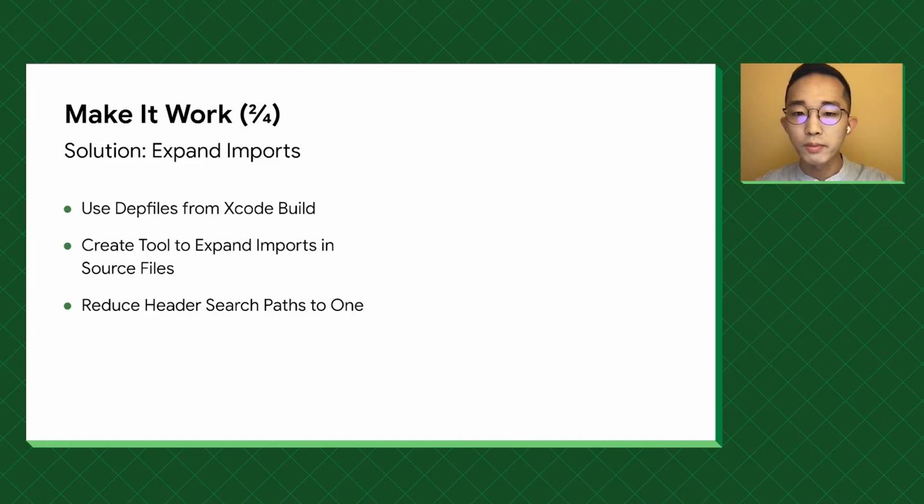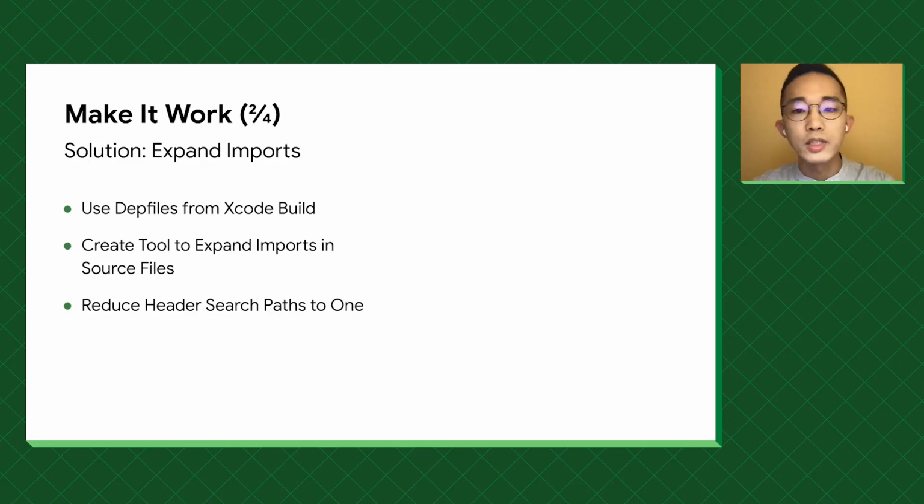To recover this information, our approach is to use step files generated during the Xcode build, which include all the transitive dependencies of a target. This works because if our users are happy with the build result, the header resolution must be correct. We create a tool to expand imports to the full path relative to the workspace root, so that we can tell the dependencies from the source files alone.